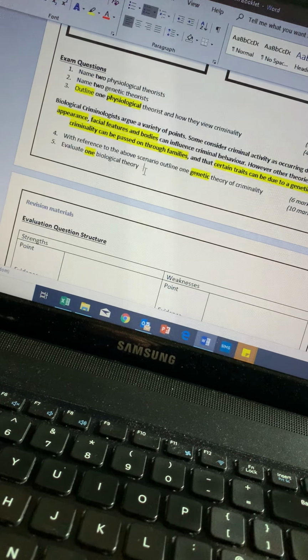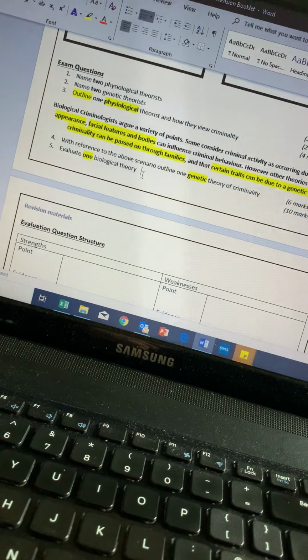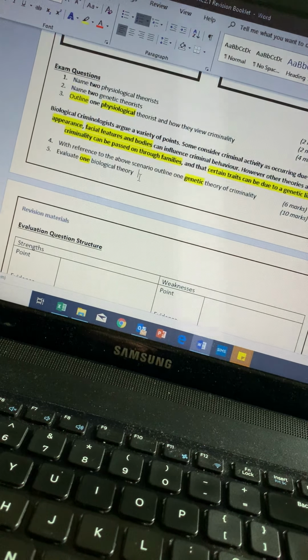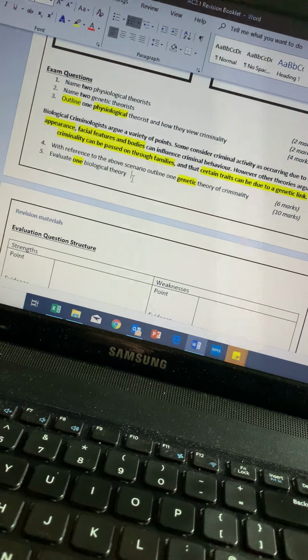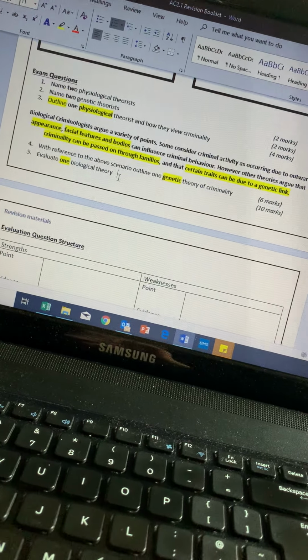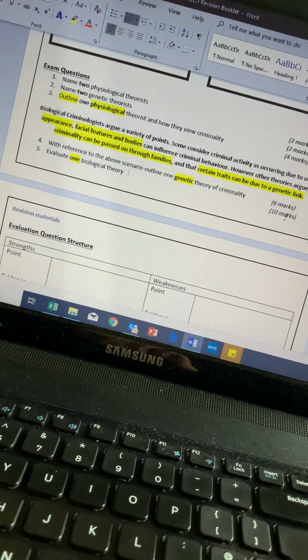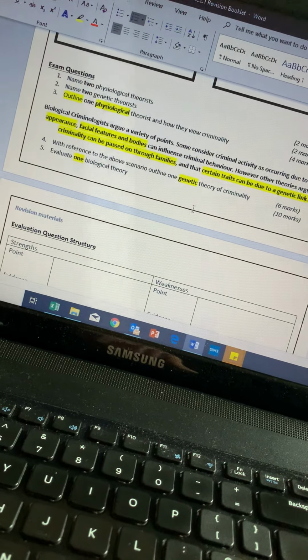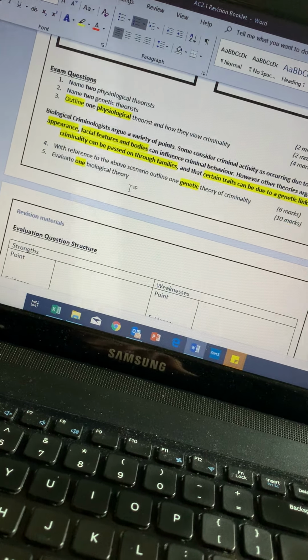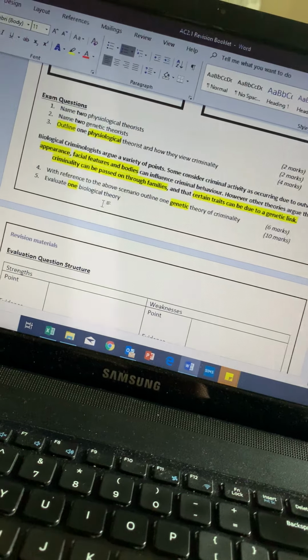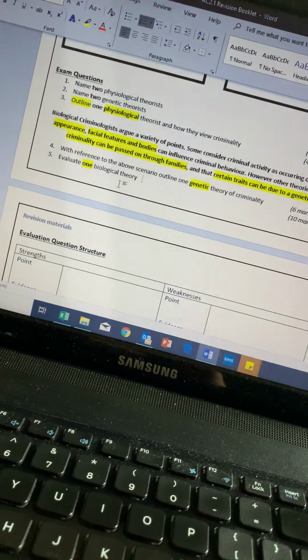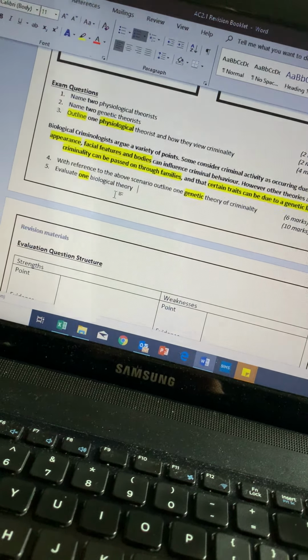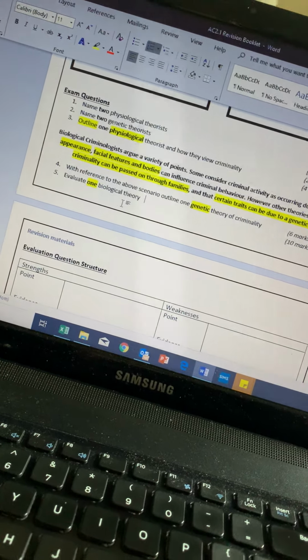Normally, if you do 3 strengths and 3 weaknesses, you won't go too far wrong. It depends how much detail you can put in, really. So you'll want 3 good strengths, 3 good weaknesses, and then a good conclusion at the end. Do not describe the theory. You don't need to. Don't even waste time doing a sentence on it. Just go straight into your evaluation of your theory.